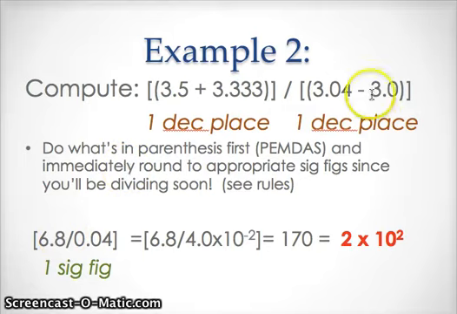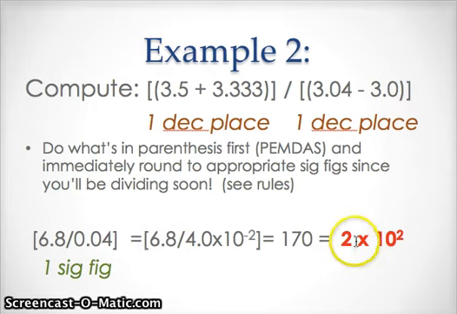Here, it's 0.04, but it's not to one decimal place, it's to two. So the way you change it to one decimal place would be to change it to scientific notation, and then you get 170. Remember, when you divide, you round to the least sig figs, which ends up being 2.